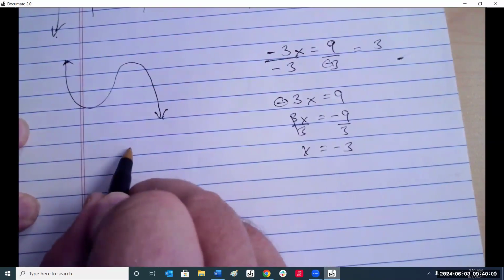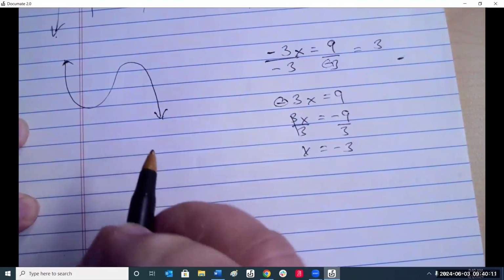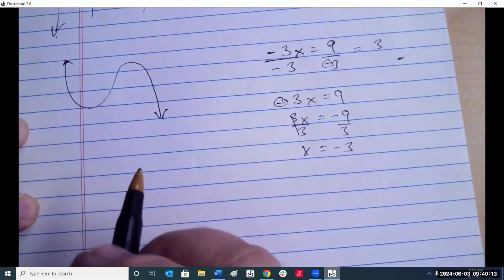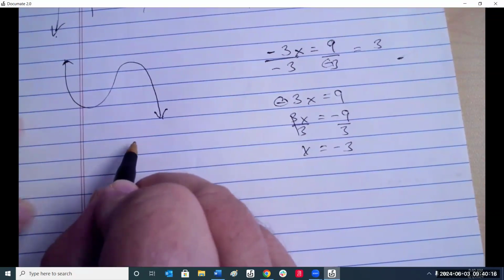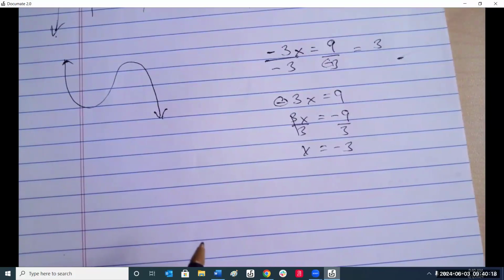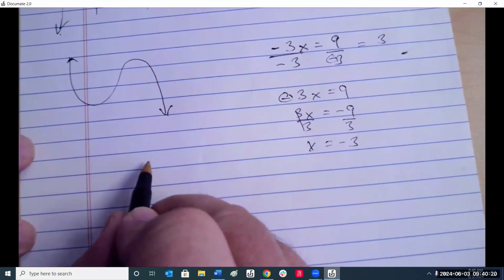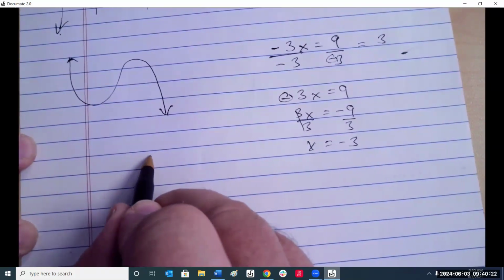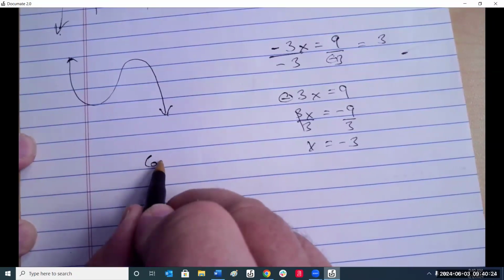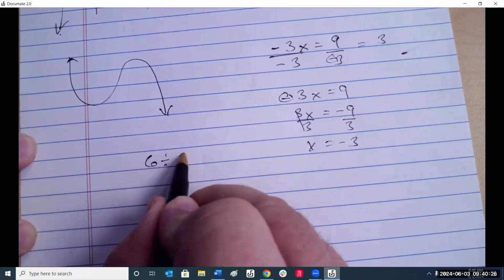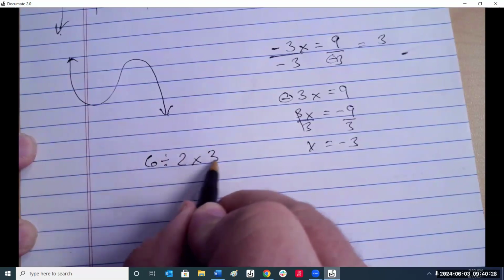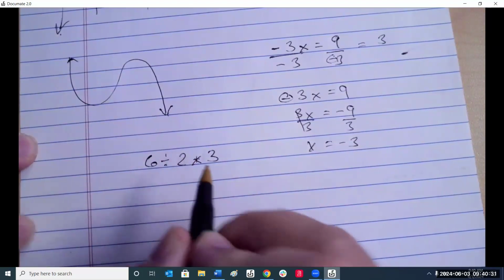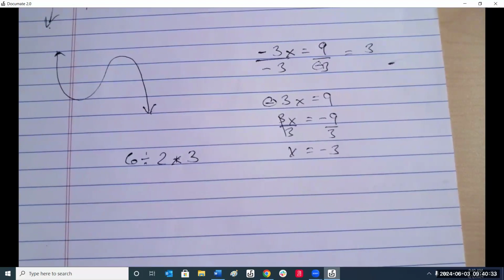Ooh, yeah, this. Quietly work this out. Is that an add? No, it's multiplication.